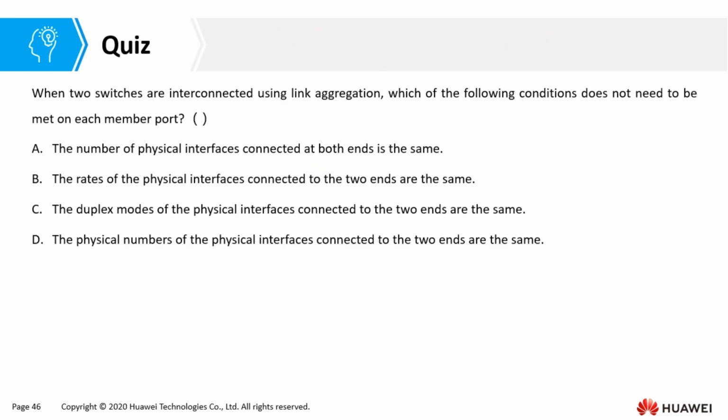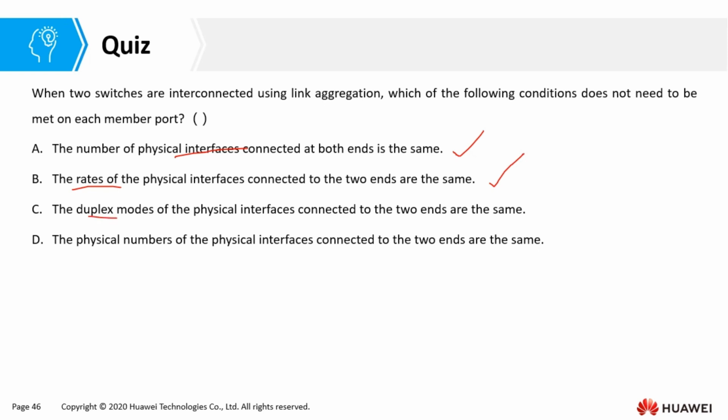Okay, we're looking at the quiz. When two switches are interconnected using link aggregation, which of the following conditions does not need to be met on each member port? The number of physical interfaces connected at both ends should be the same. The rates, just now we said, should also be the same.